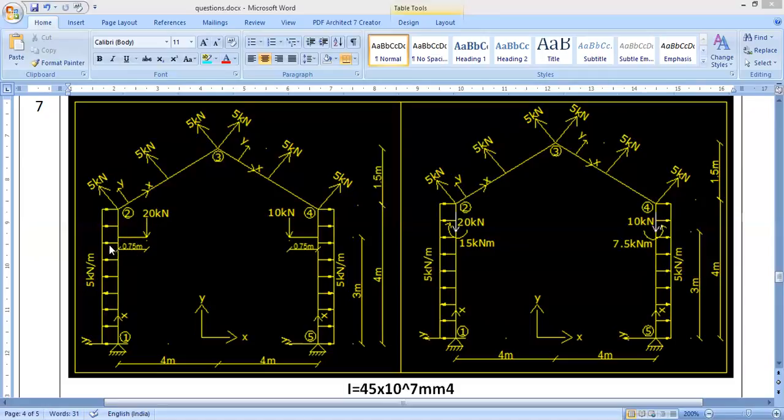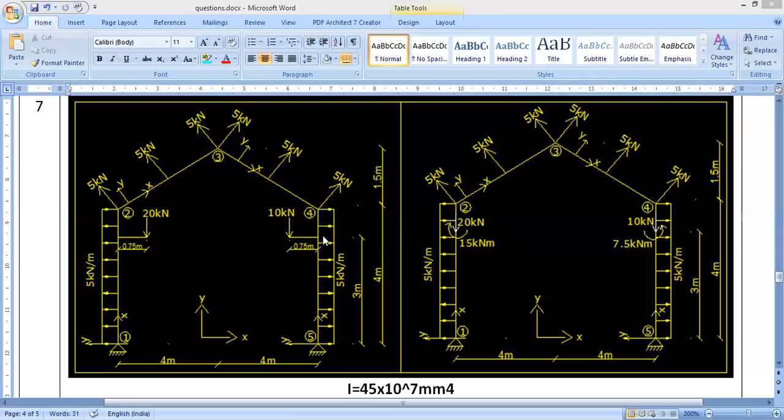That couple will be expressed in terms of moment, and that moment is a clockwise moment about this point, right? So therefore it has become a clockwise moment. We should apply it as a clockwise moment of 15 kilonewton meter. How is this 15 kilonewton meter? This is 20 into 0.75, which is 15 kilonewton meter, as well as you will have this load which is 20 kilonewtons.